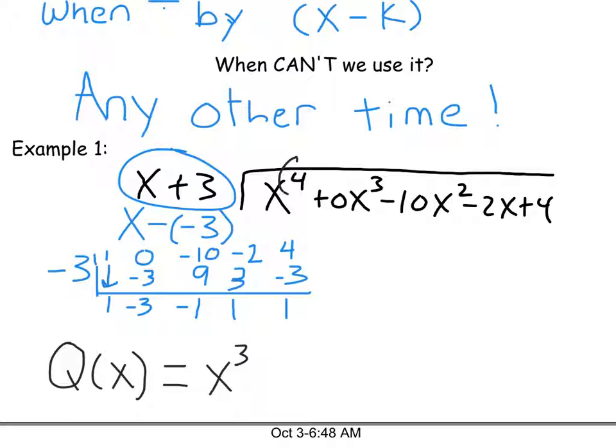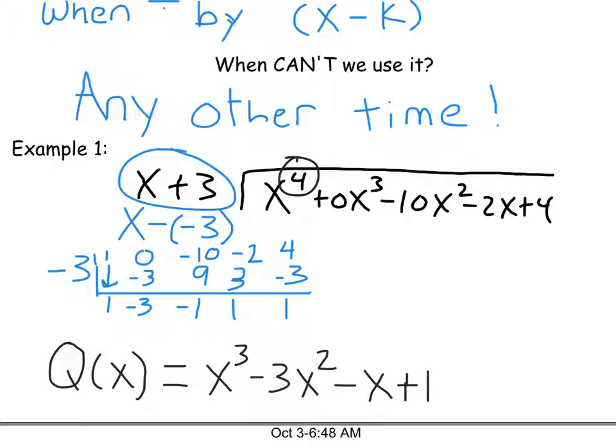I notice right here I started with an x to the fourth. My quotient is going to be x to the third. And then we just work our way down. Minus 3x squared, minus x, plus 1.